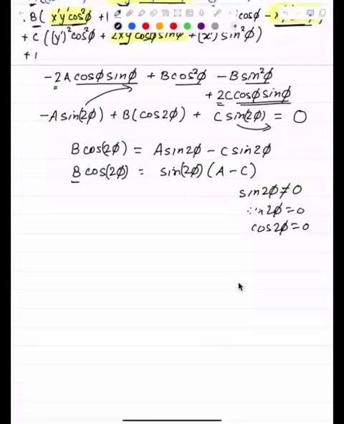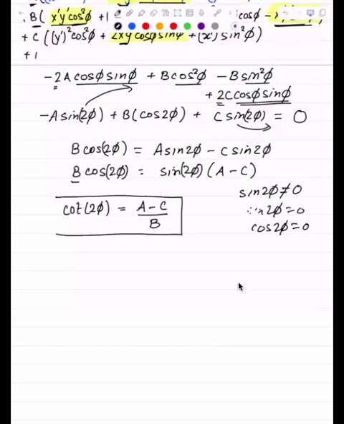And cosine divided by sine is cotangent, right? And let's divide by b on the other side, so we get cotangent of 2 phi equals a minus c over b. This is pure magic, okay?